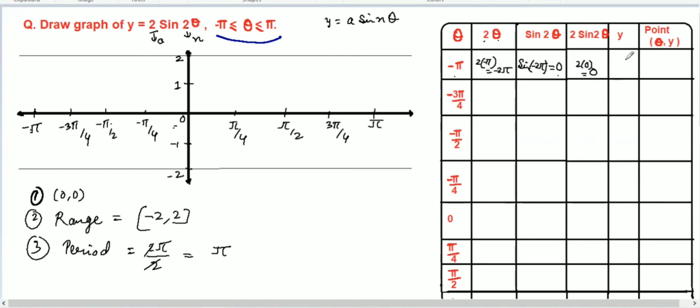And then the y value is 0. Our coordinate point will be minus pi and 0.